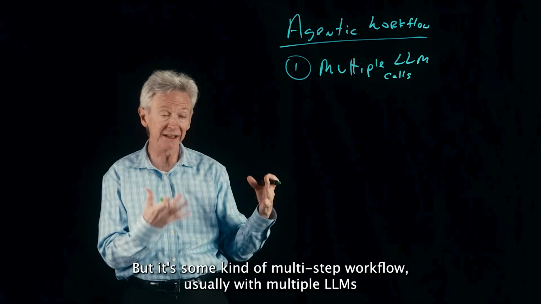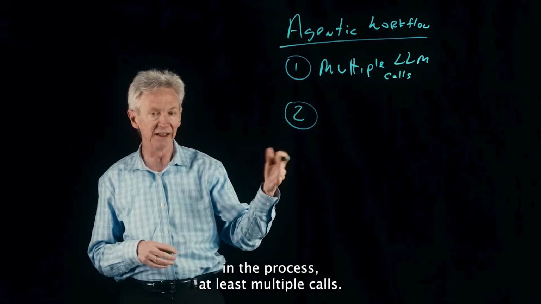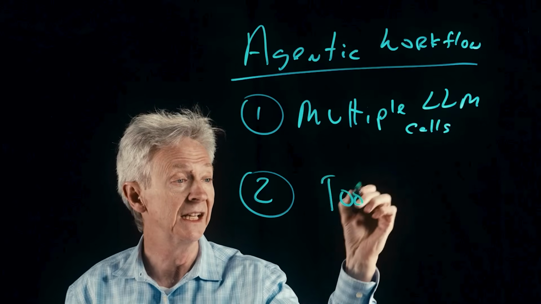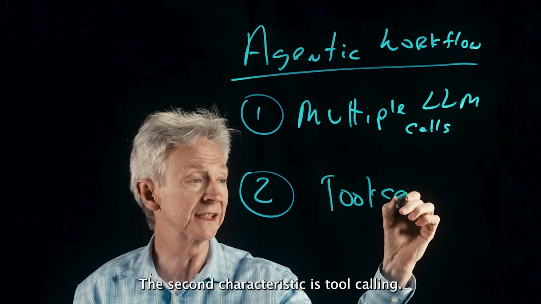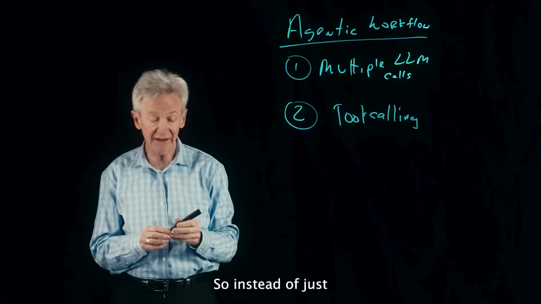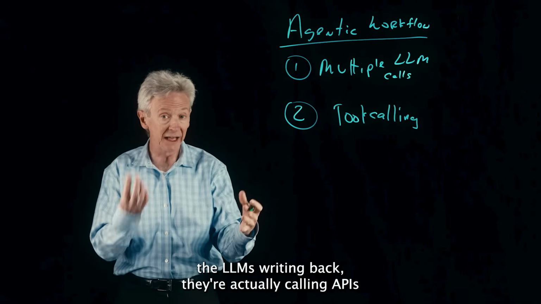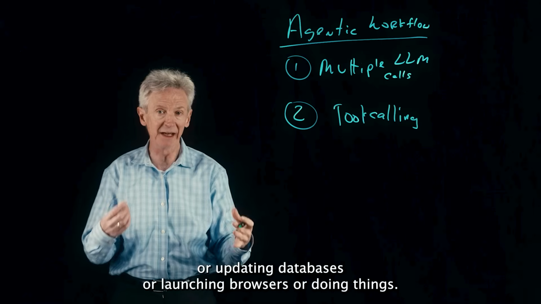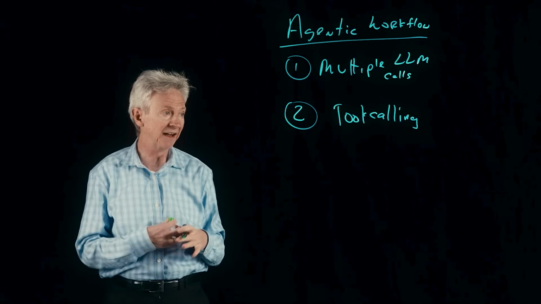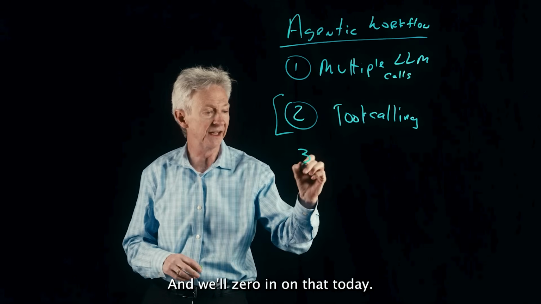But it's some kind of multi-step workflow, usually with multiple LLMs in the process, at least multiple calls. The second characteristic is tool calling. So instead of just the LLMs writing back, they're actually calling APIs or updating databases or launching browsers or doing things. And that's called tool calling, and we'll zero in on that today.